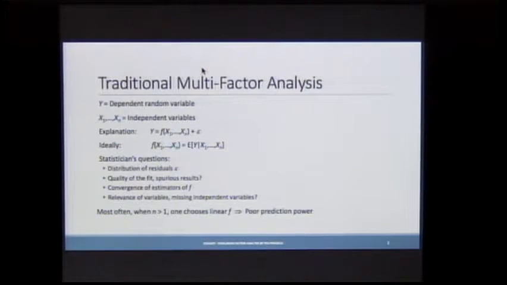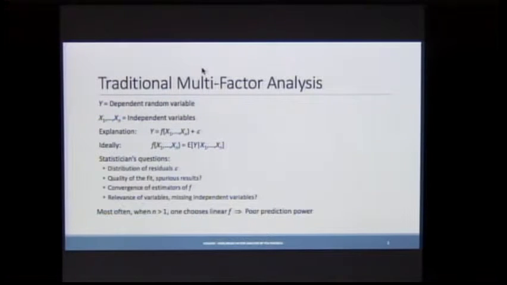Then you have independent variables that explain the asset. And you try to find a function f of x1, ..., xn, such that y is f of x1, ..., xn, plus some noise that is supposedly independent from the x. Another way to see it is as a conditional expectation that you try to estimate.